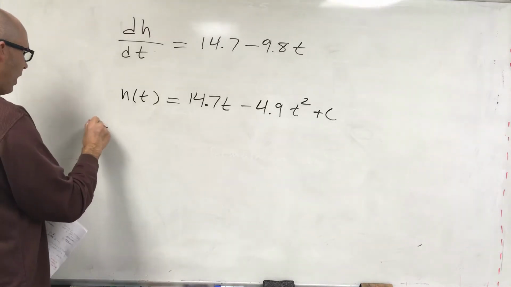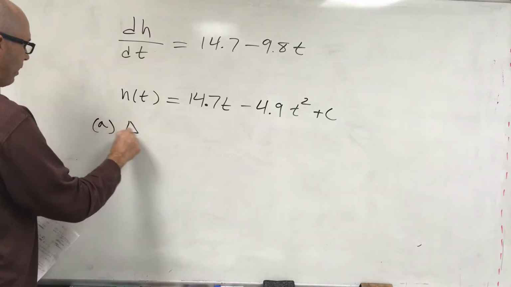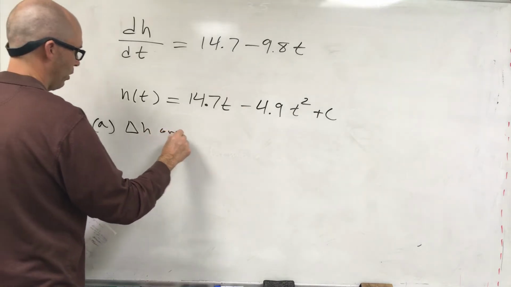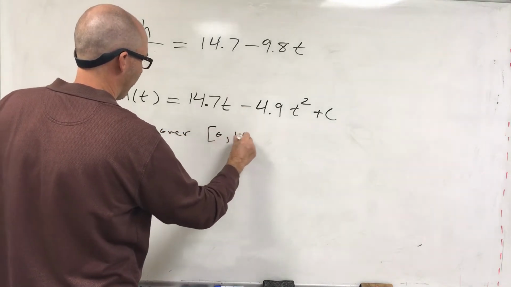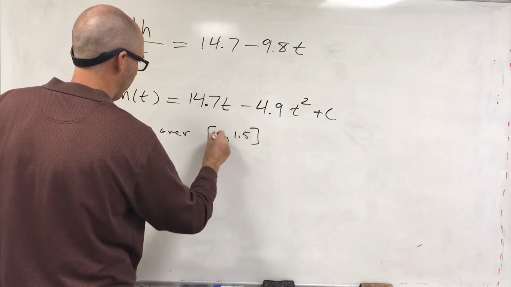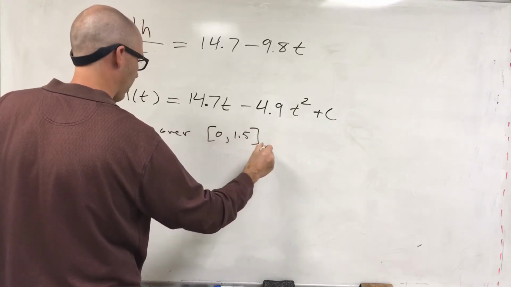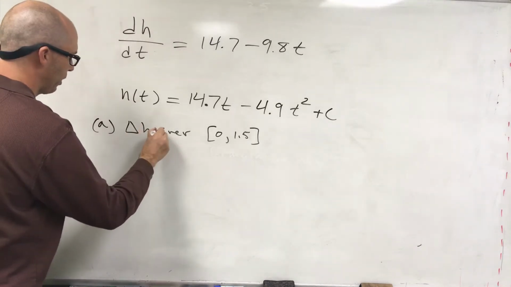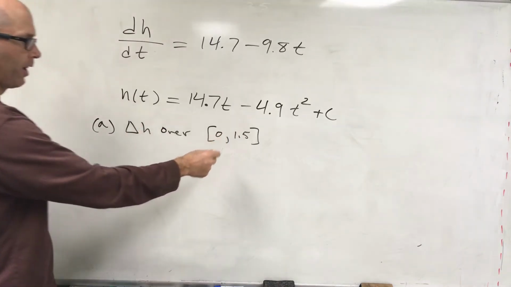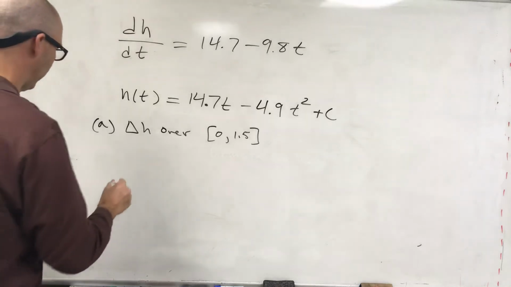Okay, so for part A, we want to find the change in h over [0, 1.5]. The change in h is whatever h of 1.5 is minus h of 0.